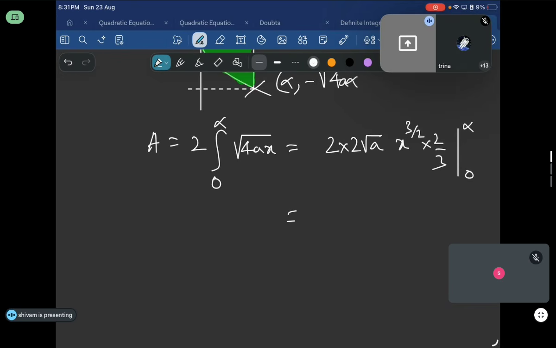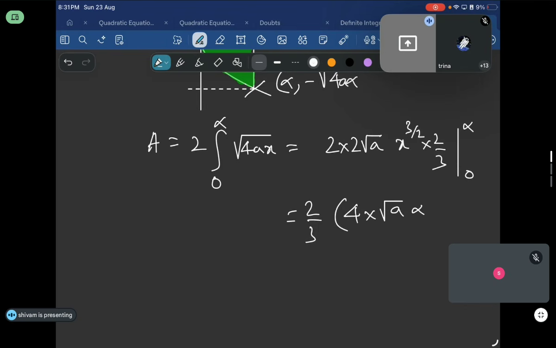Okay, what am I getting? So I need to convert it into that form. So 2 by 3 into 2 into 2 is 4, 4 into root over a, and when you substitute alpha, it will be alpha to the power 3 by 2.